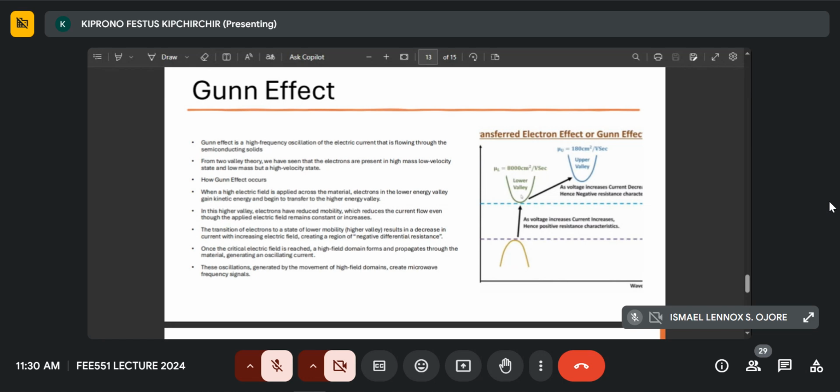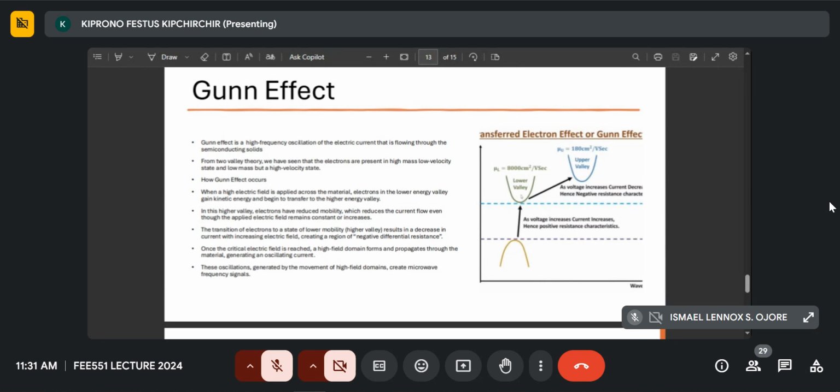I think by now you can understand from the repetition of the mobilities and the current relationship. Once the critical electric field is reached, a high field domain is formed and propagates through the material, generating an oscillating current. The oscillations generated by the movement of high field domains create microwave frequency signals.